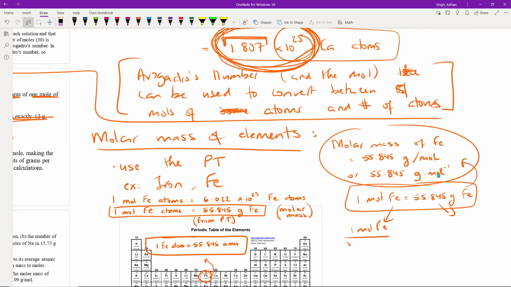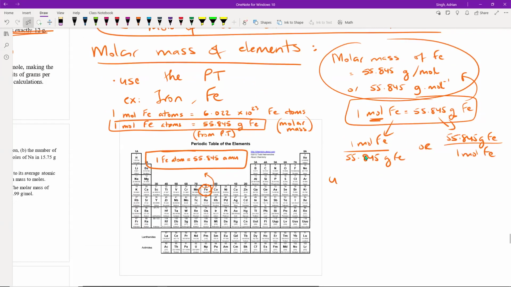So 1 mole of Fe over 55.845 grams, and I can flip it, 55.845 grams of Fe for every 1 mole of Fe of iron. Okay, so the molar mass relates moles to grams, which means we can use it to convert between those two units. So we use the molar mass to convert between grams and moles of something.